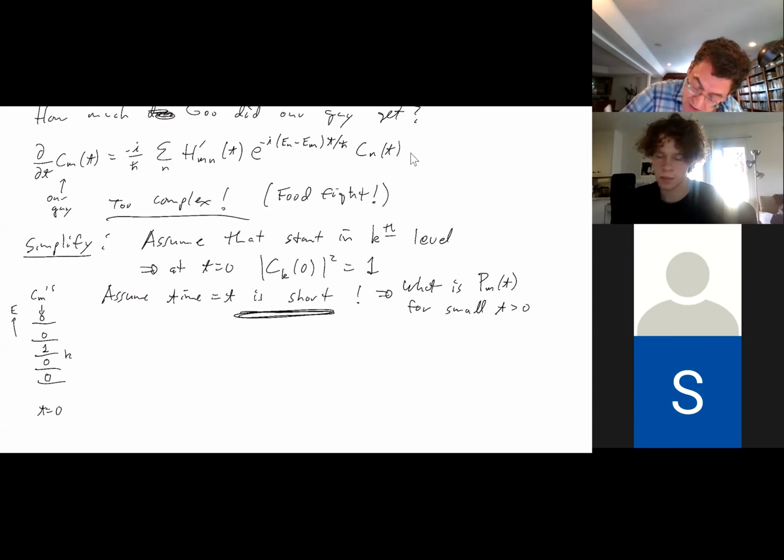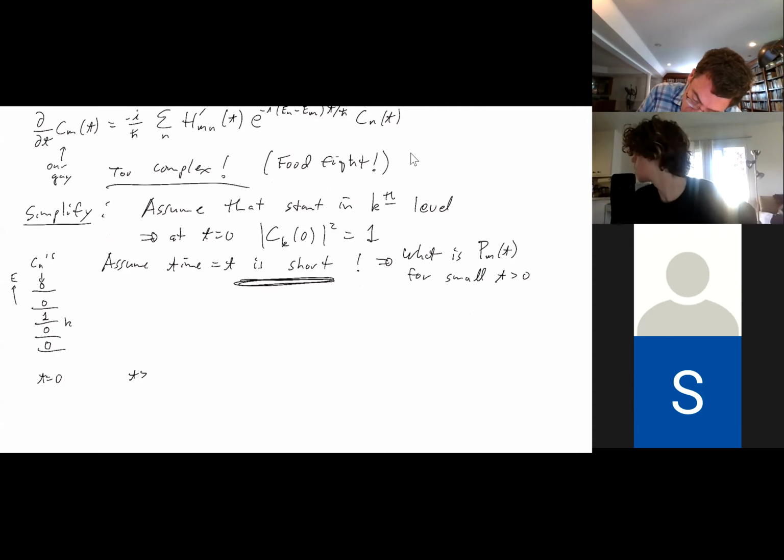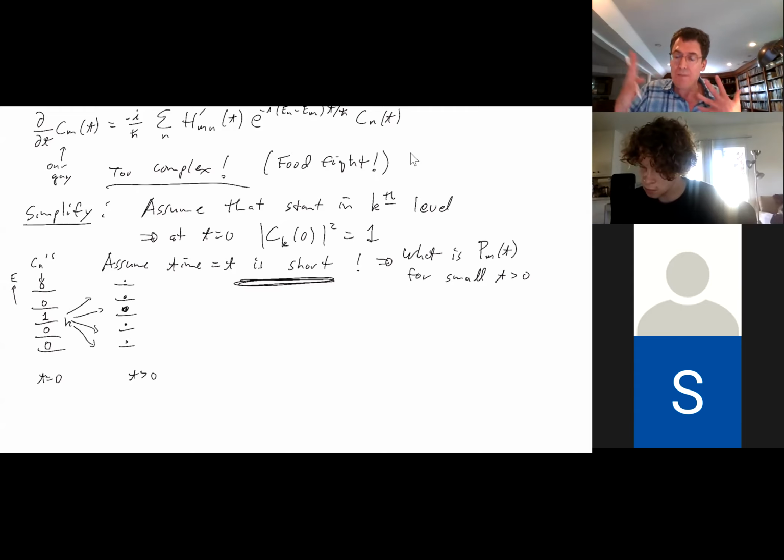Then at some t greater than 0, we have all the levels, and we see that the amplitude is spraying out into all these levels. They're getting some green goo in some pattern, and so they're accumulating the amplitude.